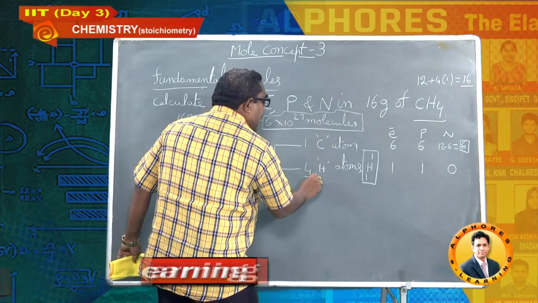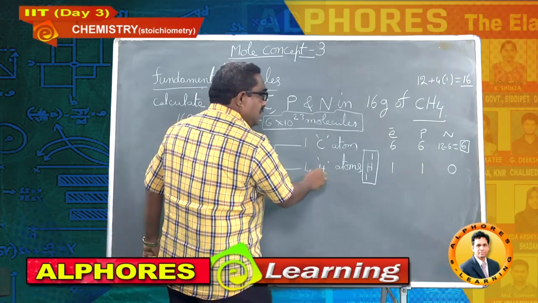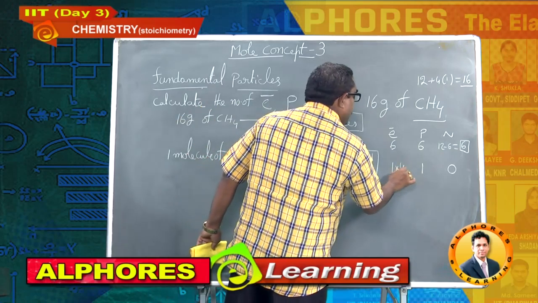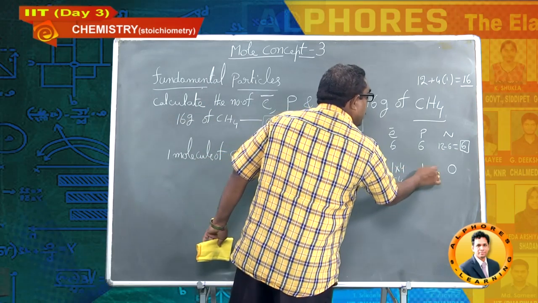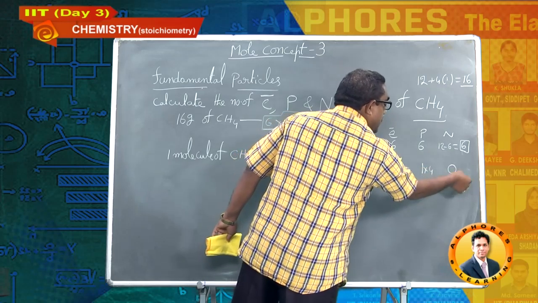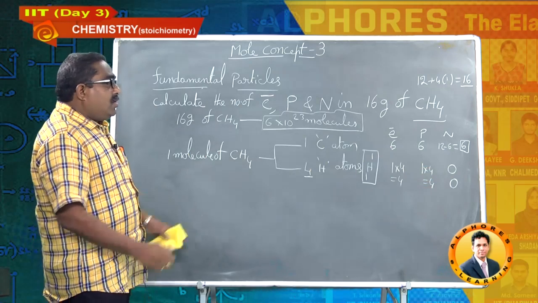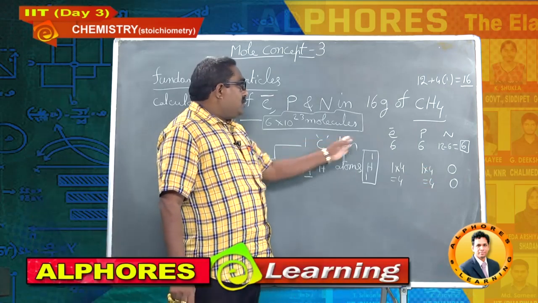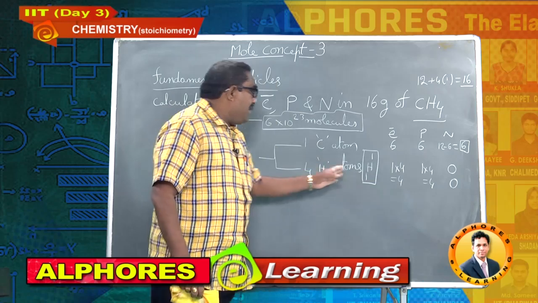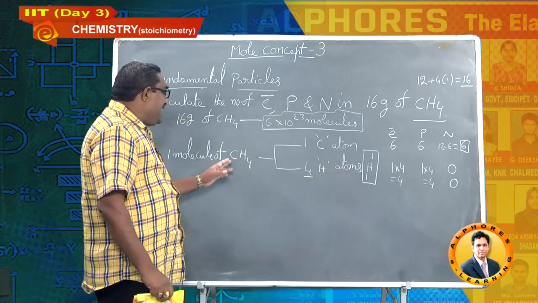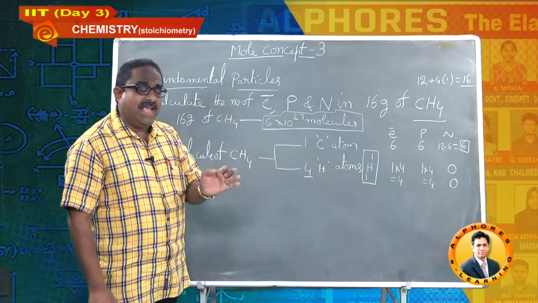But how many such atoms are here? We have 4. So, you should write 1 into 4, 4. Here also 1 into 4, 4. 0 into 4 again it is 0. These are the electrons belonging to carbon, and these are electrons belonging to all the hydrogen atoms present in this one molecule of methane.